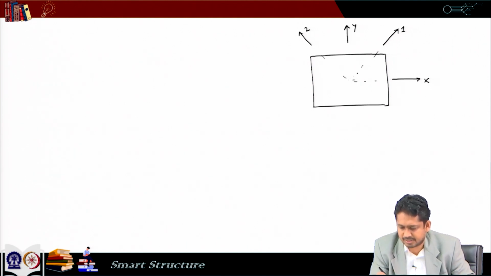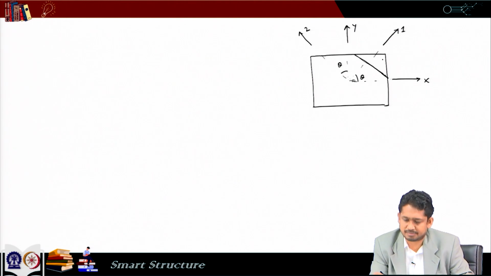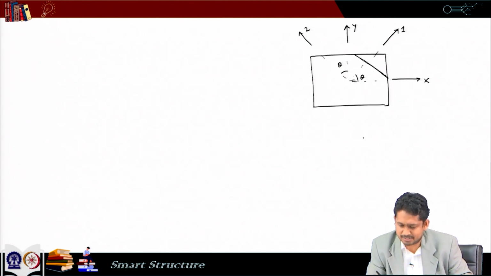So, the angle between direction 1 and direction x is theta, and similarly the angle between y and 2 is theta. Now, we can draw a line which is perpendicular to axis 1, and then we can separate this part. So, if we draw the free body diagram of the separated part, this would look like this.